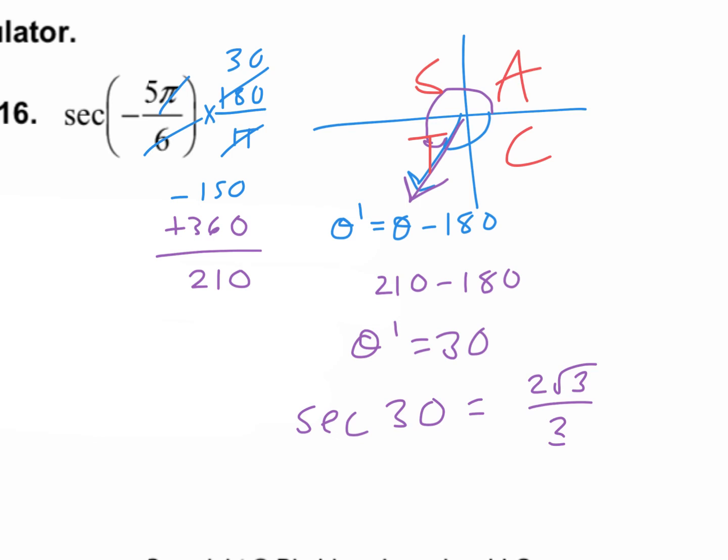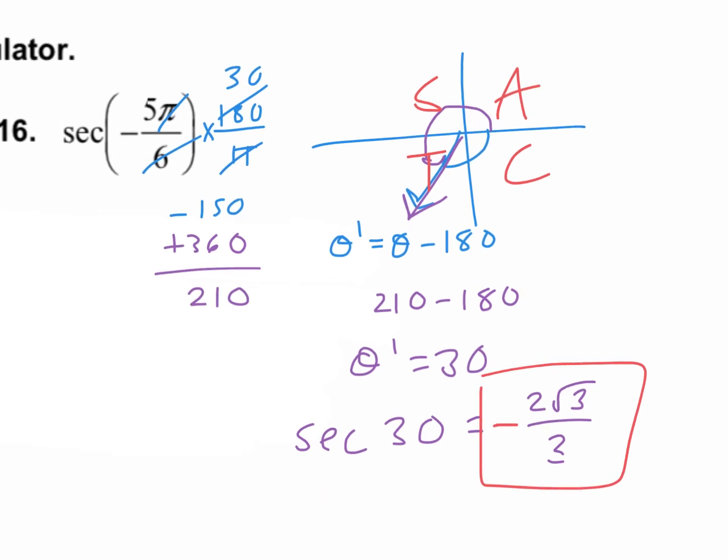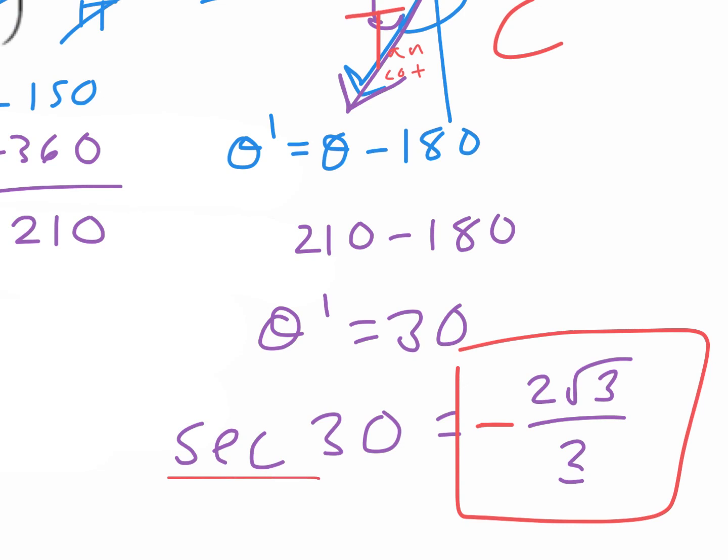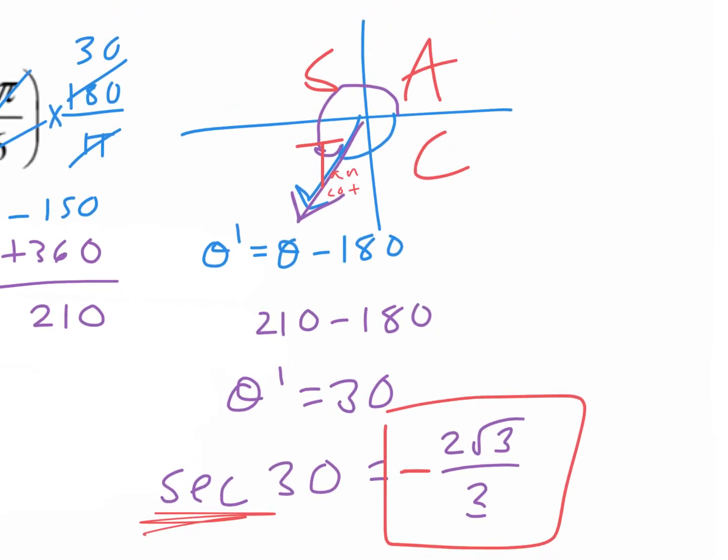Awesome. Only tangent and cotangent are positive in the third quadrant. So that means secant is negative. So we have to use our all students take calculus to figure out the sign. In the third quadrant, only tangent and cotangent are positive. So that's how it's negative. And we're dealing with secant here. Oh, okay.